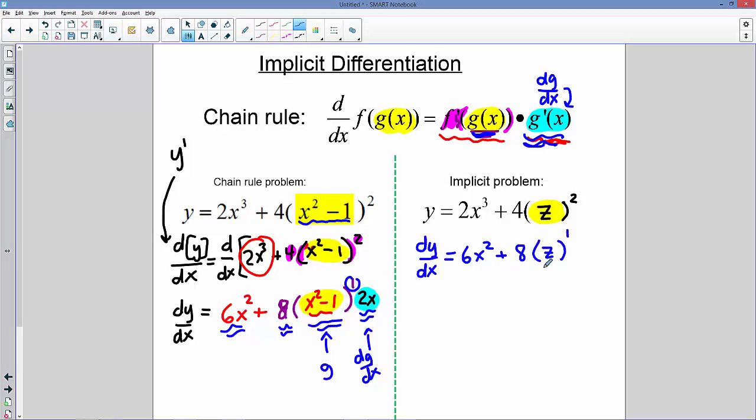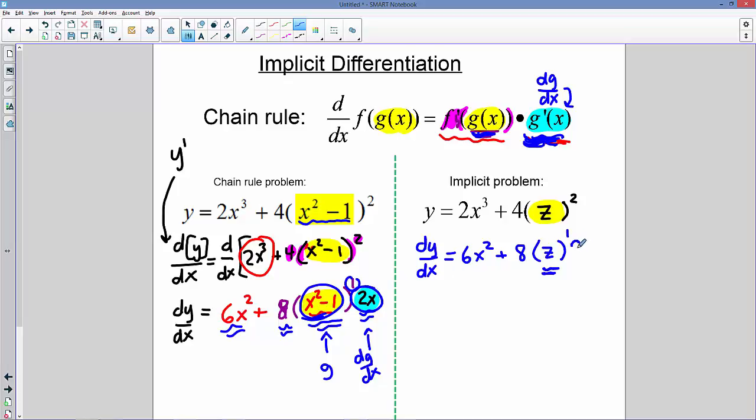So what we were talking about was taking the derivative of this. Normally we would put dg/dx, or as we called it here, g prime, whatever it is, it's the derivative of the inside. In this case, it's the derivative of z. But I don't know what z is. In other words, I don't know that z is x squared minus 1, so I can't put 2x like I did over here.